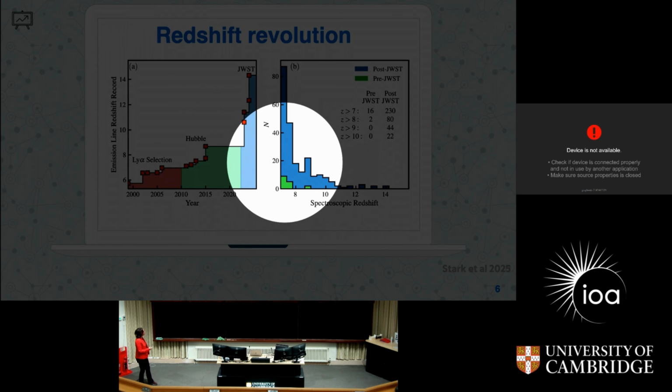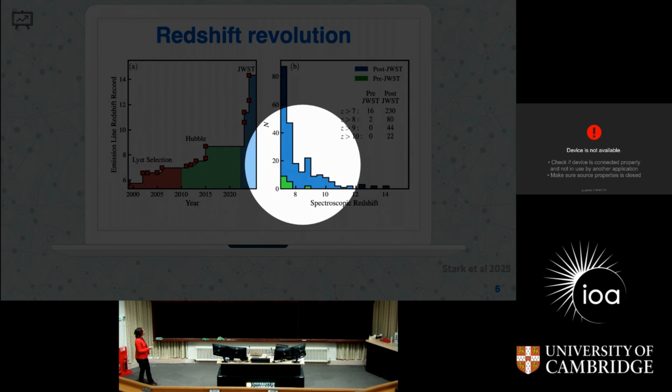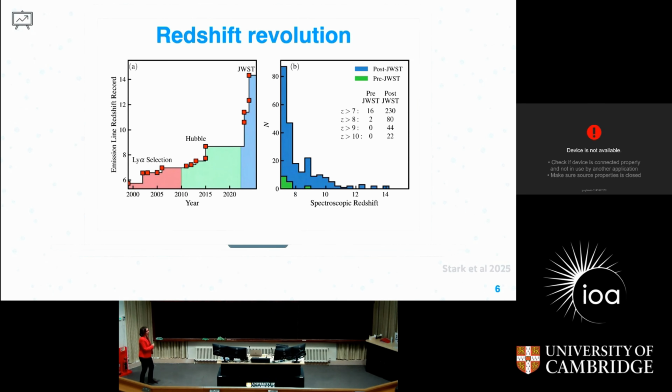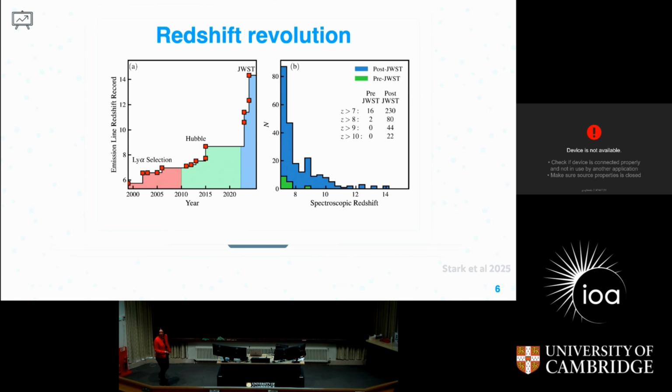This little green thing is what we knew pre-JWST, and blue is already an outdated version of what we know now. We are really seeing a lot of new sources that we thought existed, but now we can study them in detail. That wasn't surprising. That was sort of expected.